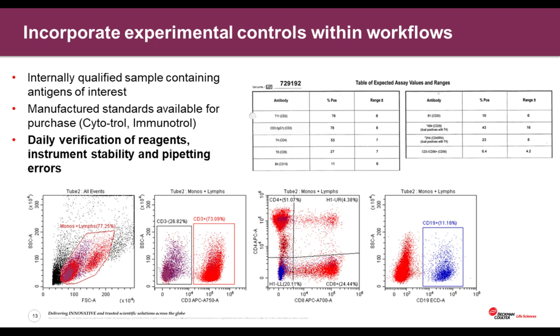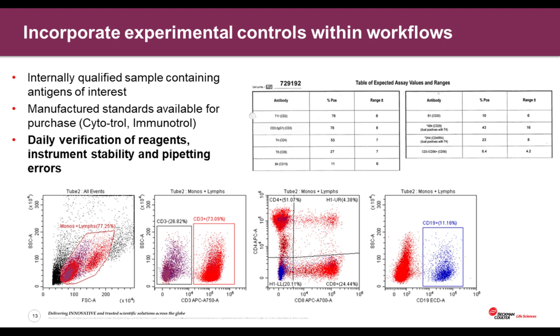The schematic here shows you a Cytotrol sample that comes with expected values and ranges that show you the percent positive. Let's look at the CD3, which is the second or third row from the top. CD3 percentages are 78% plus or minus 8. If we look at the second flow plot, you can see that the CD3 percentage here is 73, within the acceptable range.